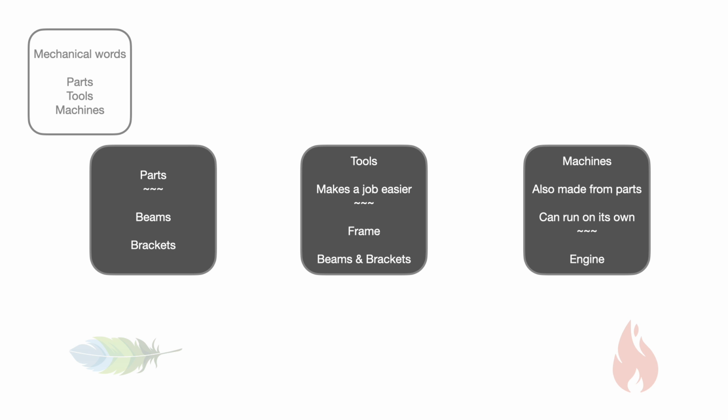For parts, we've got some examples being beams and brackets, and you put some of those parts together. You could consider it a tool, which usually is defined as making a job easier, and in this case for form, you've got yourself a frame.